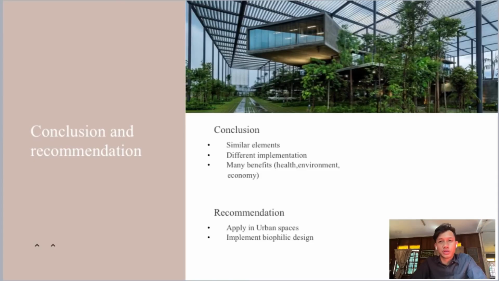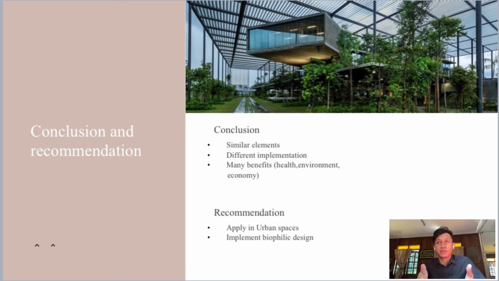In conclusion, the similarity is the use of the elements of biophilic design. Both have the four important biophilic elements, but the difference is the implementation of the elements in the space.